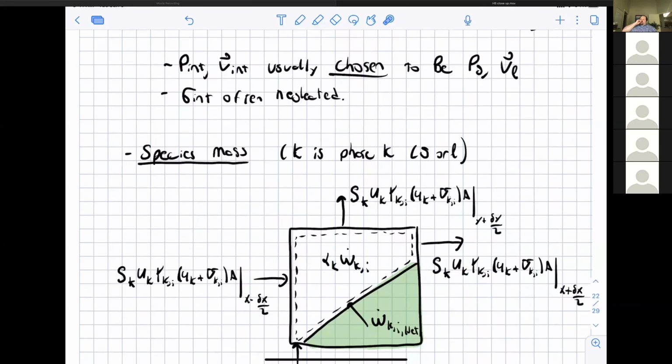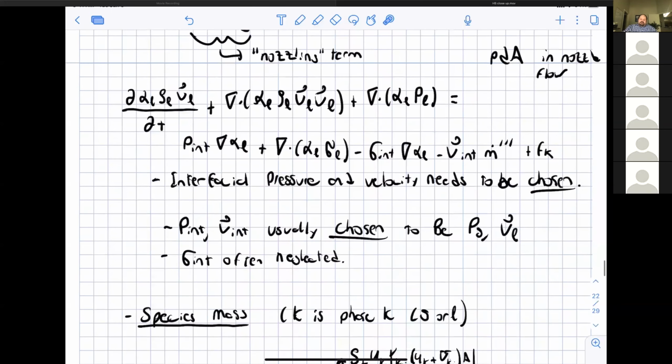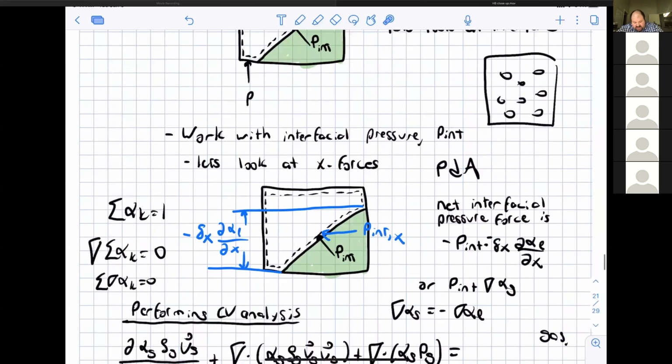So are there any questions with momentum? Okay, so you can see that just due to the presence of the blockage of the flow area by the other phases, and accounting for all the interfacial areas, either this piece here or the edges of all the particles, all the mass, momentum, energy exchanges, the equations start getting pretty complicated.